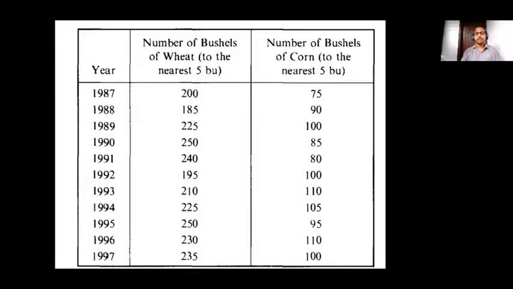Now this is a function of the year. Corresponding to each year, there are two values. One is the number of bushels of wheat, and the other is the number of bushels of corn.